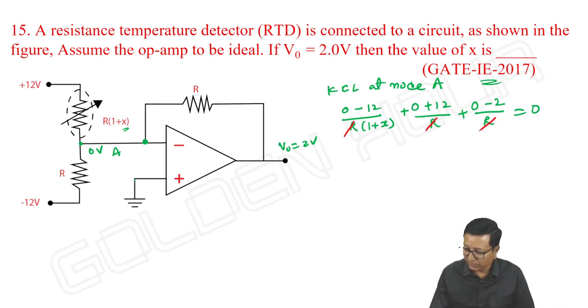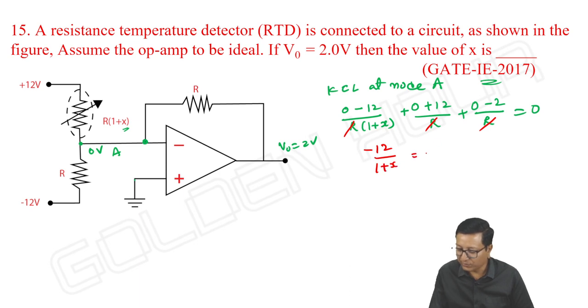I can cancel R here. Then further, minus 12 by 1 plus X is equal to 2 minus 12, that is minus 10.